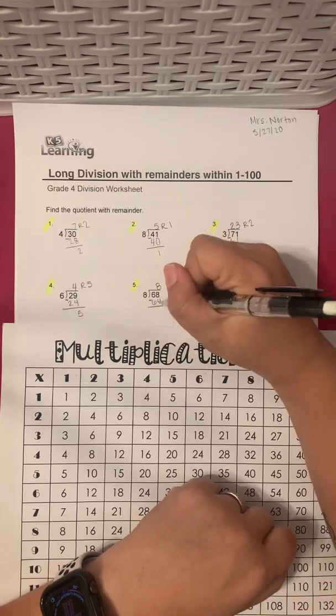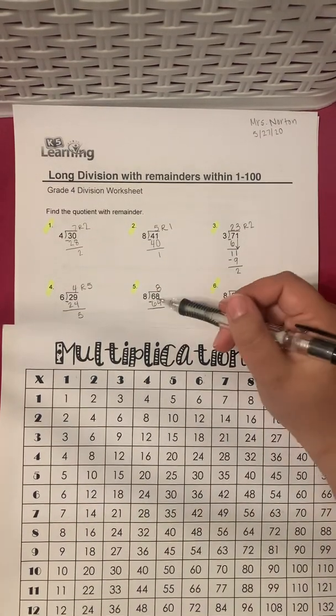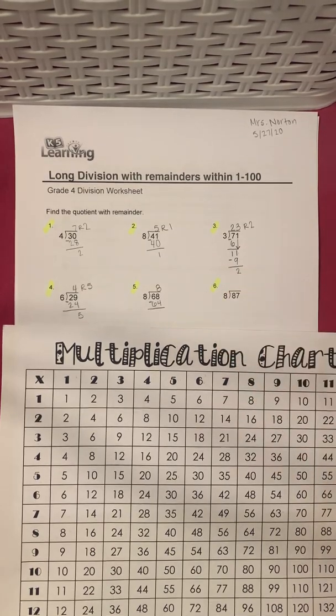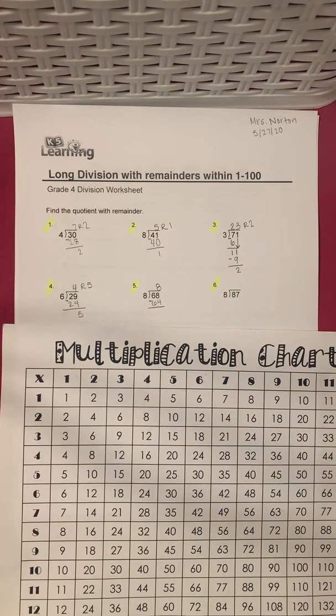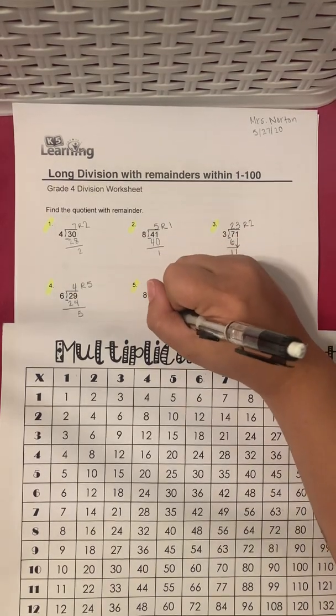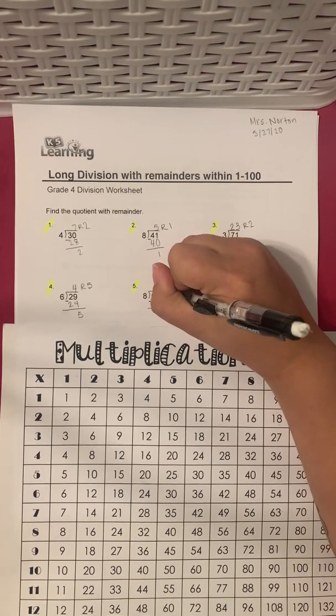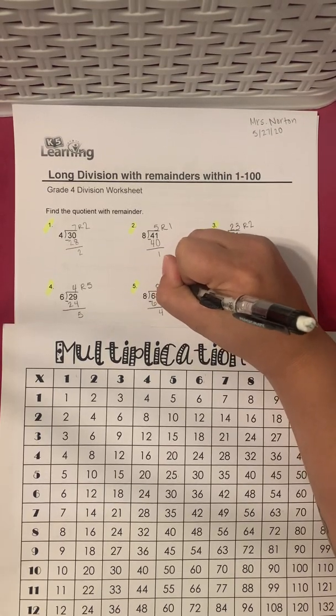Now we need to subtract to figure out how much we have left over. Go ahead and do that. 68 minus 64. If you said that's 4, you're right. So our answer or quotient is 8 with a remainder of 4.